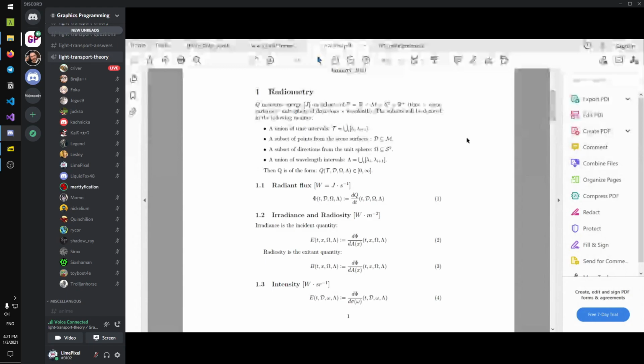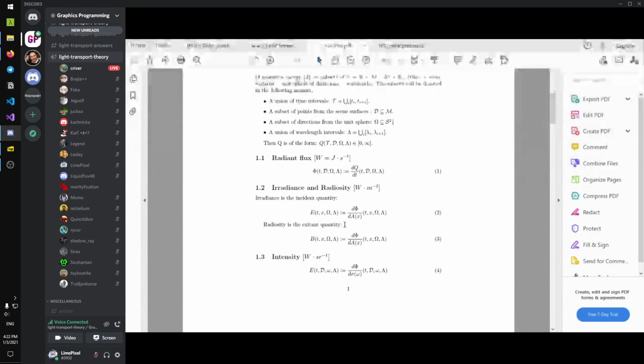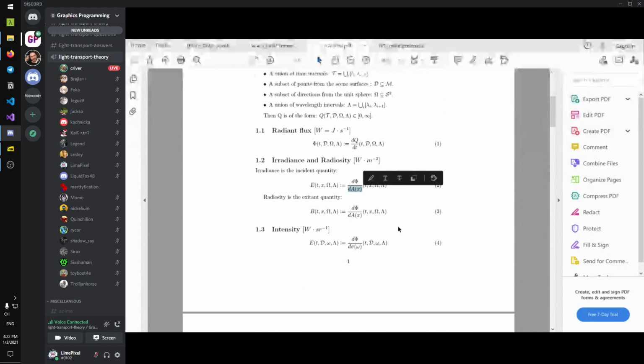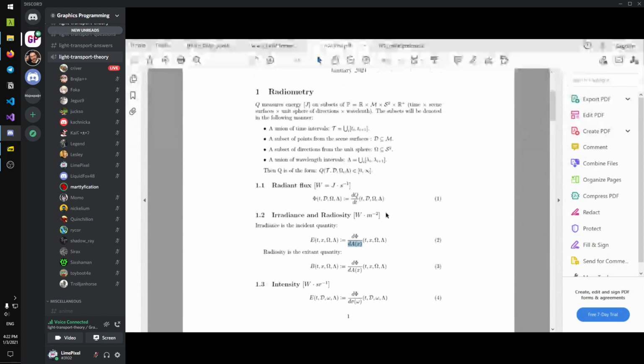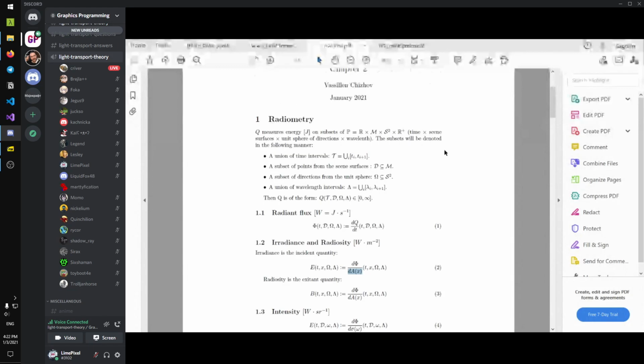This subset of points from the scene surfaces. You can take any measurable subset of points from the scene surface. Is this a problem with a microsurface? No, your microsurface will be something like that, a differential area, some neighborhood, some very small thing. Yes, but does this always exist?